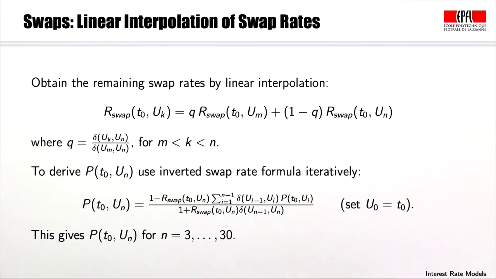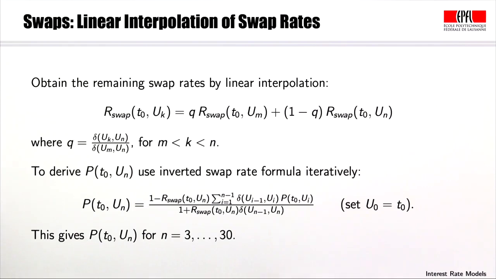For the remaining cash flow dates, we use linear interpolation to obtain the corresponding swap rates. We can then invert the swap rate formula to derive iteratively the U_n bond price in terms of the previous bond prices and the corresponding swap rate, as shown here.